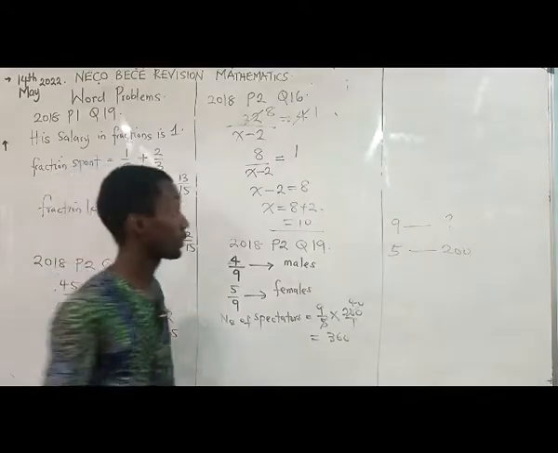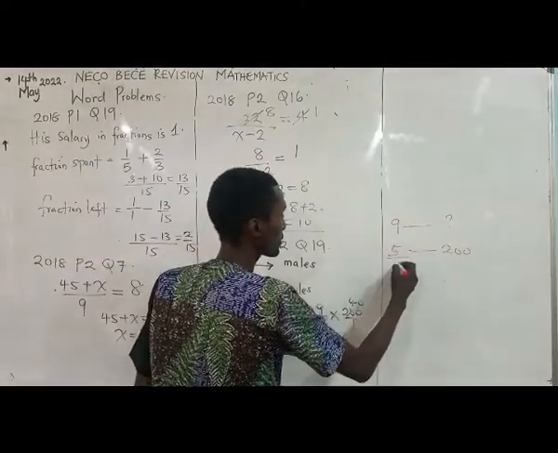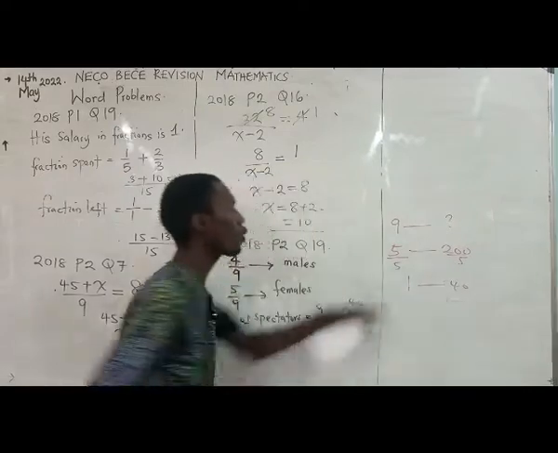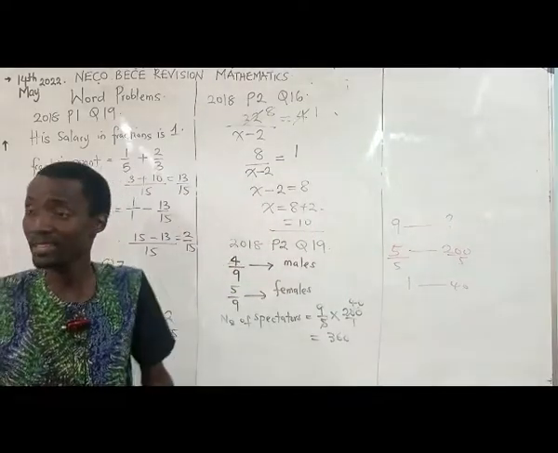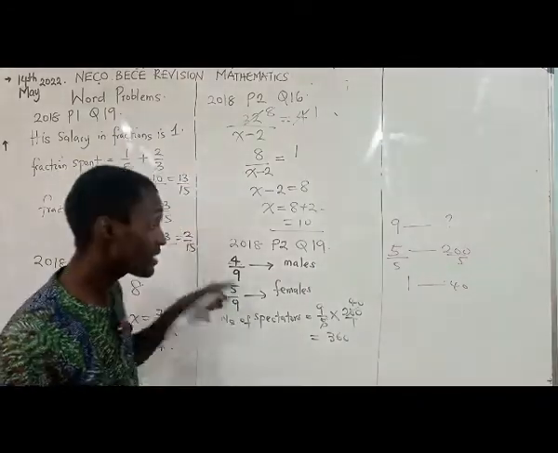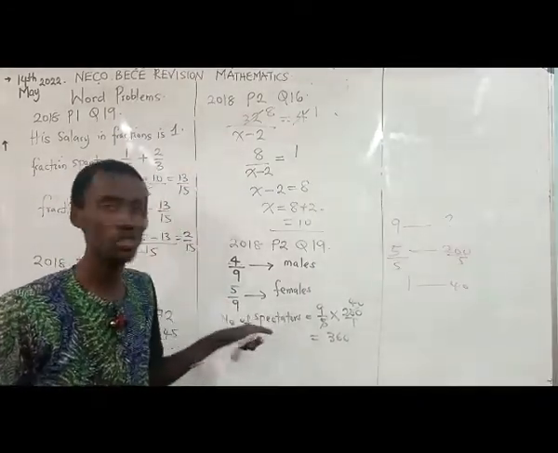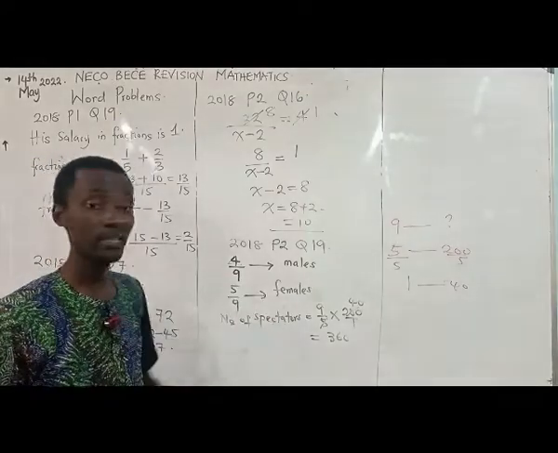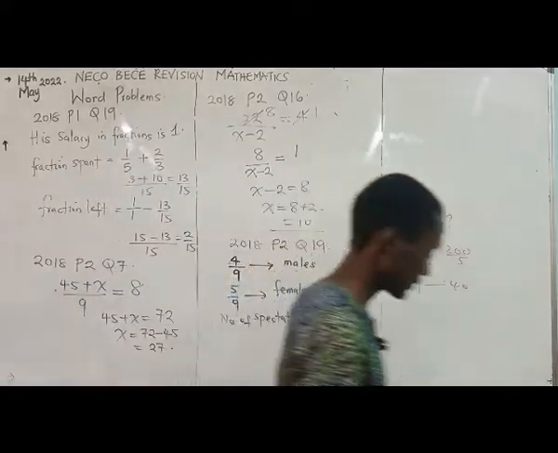If I divide this by 5, 1 will account for 40. So what will 9 account for? It's 9 times 40, and that will be what? 360. This is a word problem testing your knowledge of what? Proportions. So proportion is what is tested in this question. Alright.